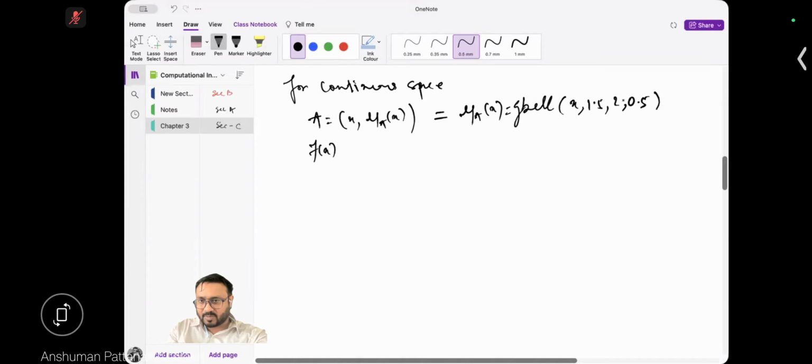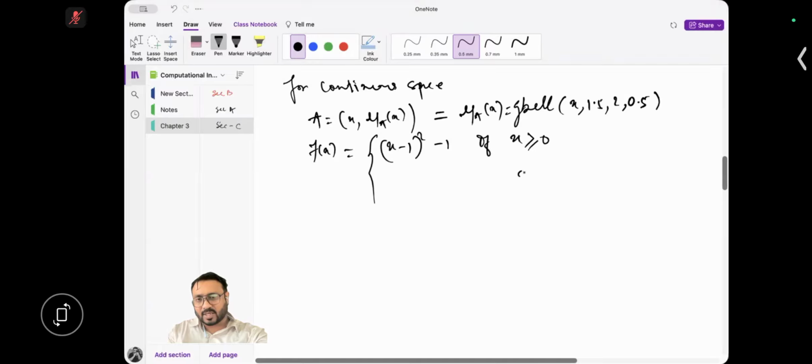This is A, this is B, this is C, if this is given, and f of x is given as follows: x minus 1 whole square minus 1, if x is greater than or equal to 0.